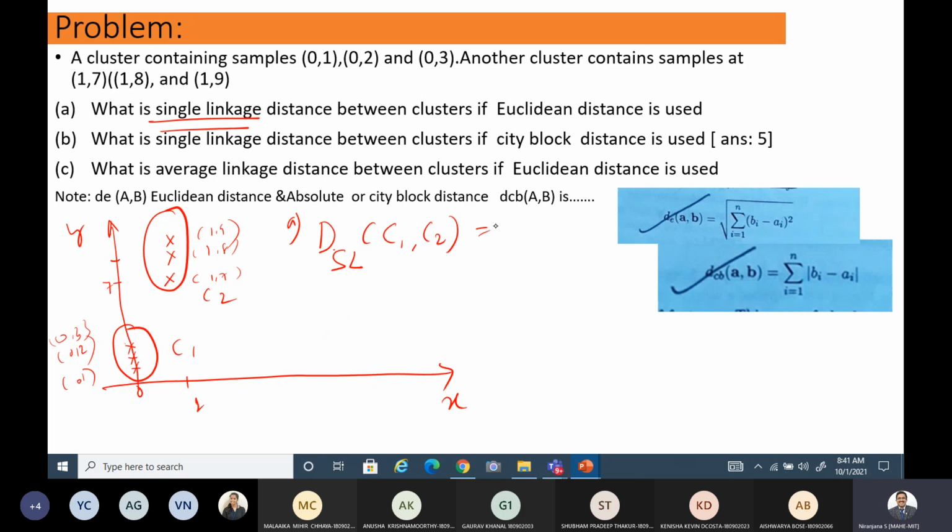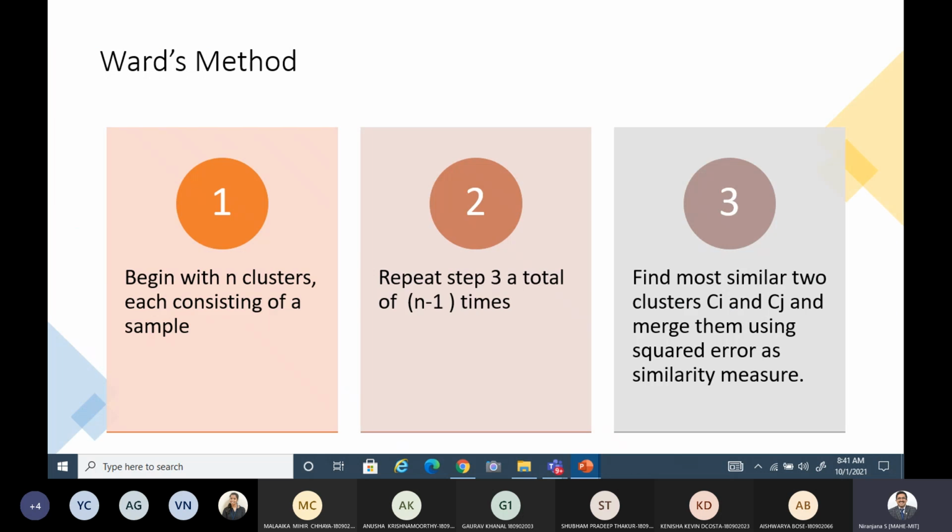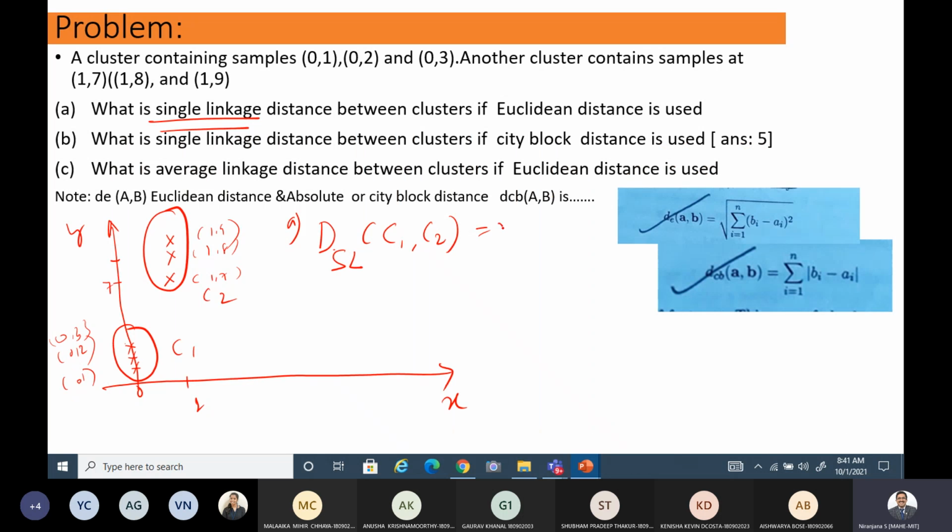This you understand, you already defined this as the minimum of small d between A and B, two points, where A belongs to Ci and B belongs to Cj.